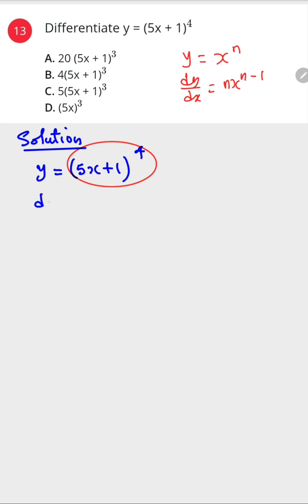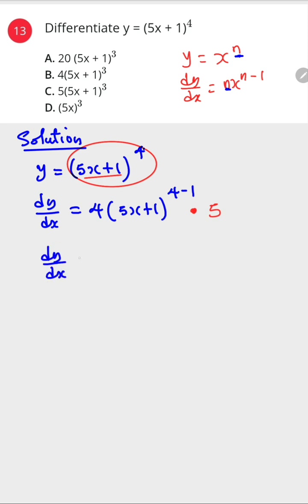If I'm going to find dy by dx straight, this 4 will come down, just like n came down. So you're going to have 5x plus 1 all raised to power 4 minus 1. The only difference in this case is that you multiply by the differential of what is inside. This dot means multiplication. The differential of what is there is 5, so times 5.